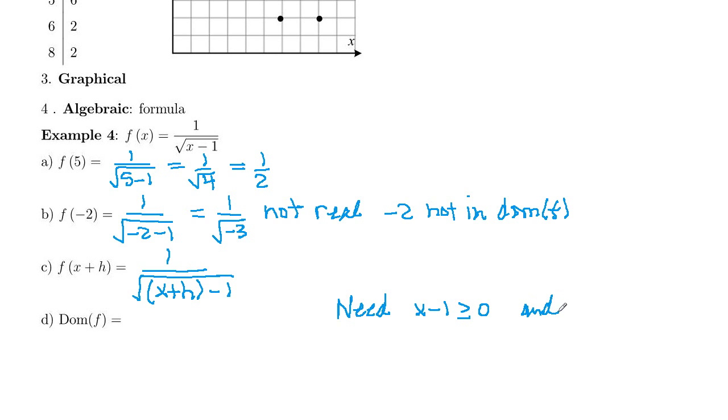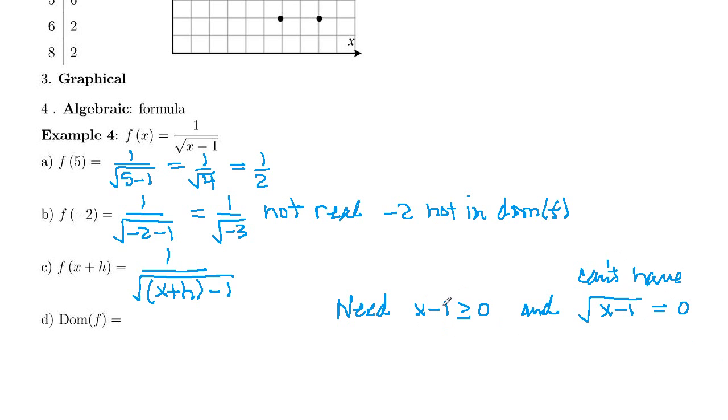We need the denominator, root x minus 1, not equal to 0.